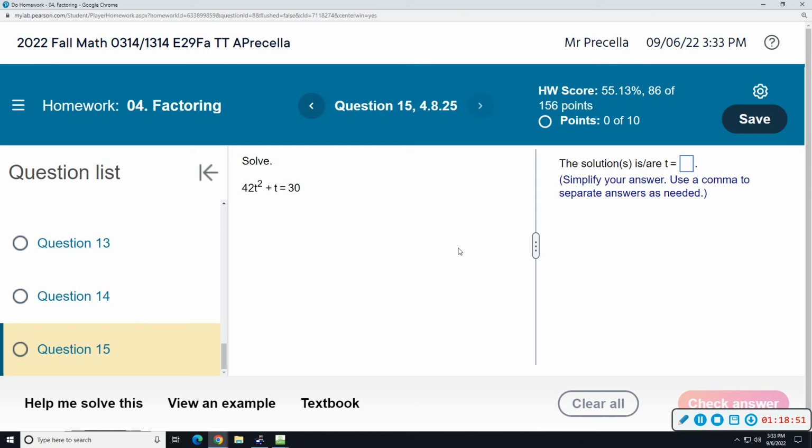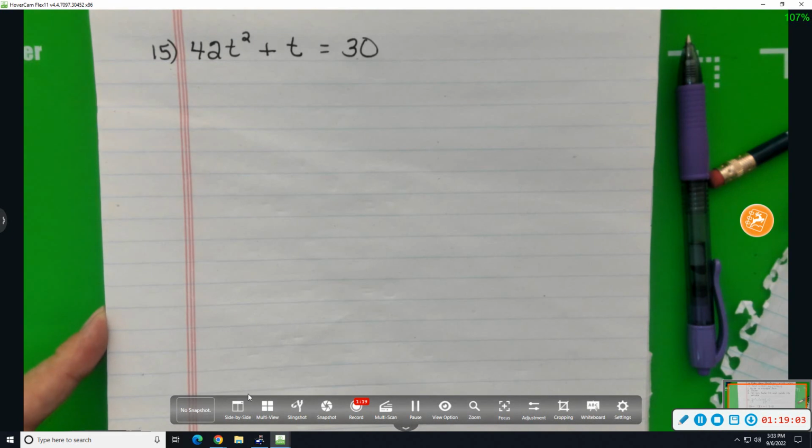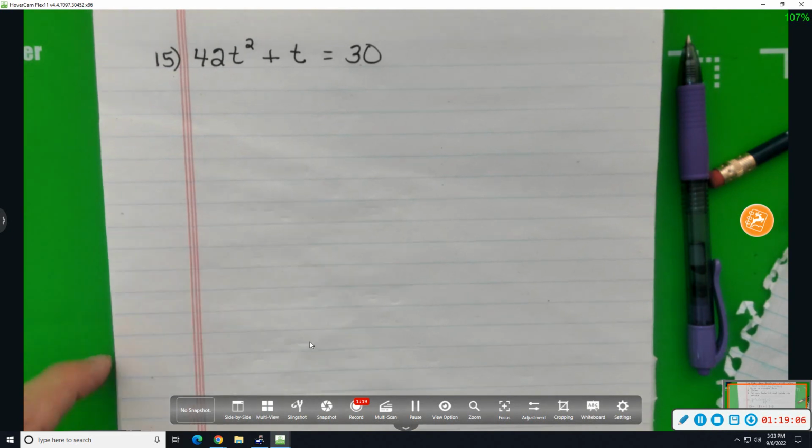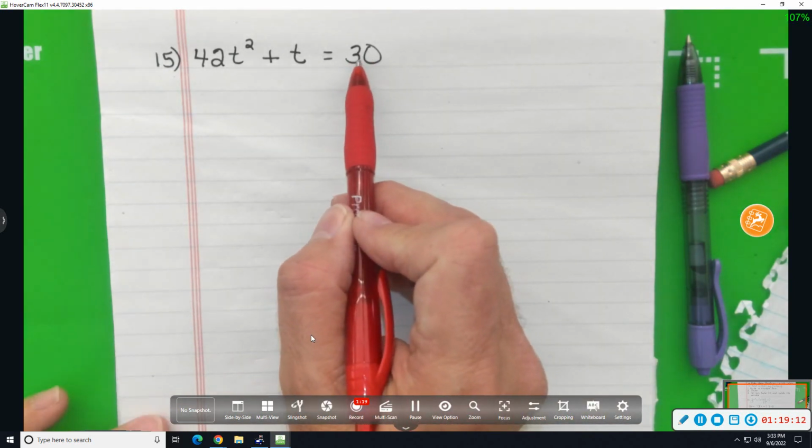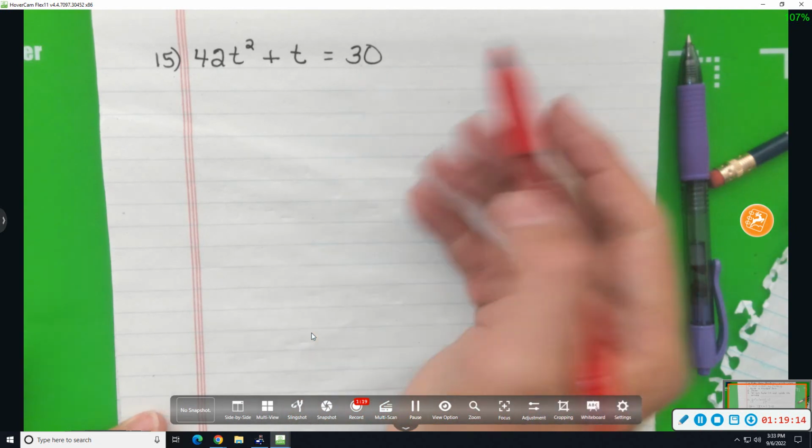42t squared plus t equals 30. See, I was saying this one, in my opinion, is like the one we just finished, only messier. Why? Well, there's not a 0 on the right, so what are we going to have to do?